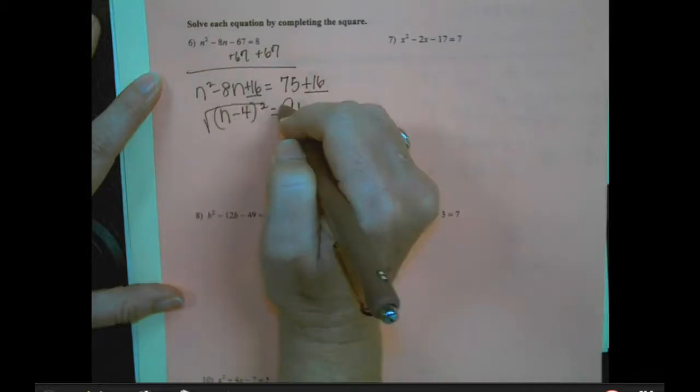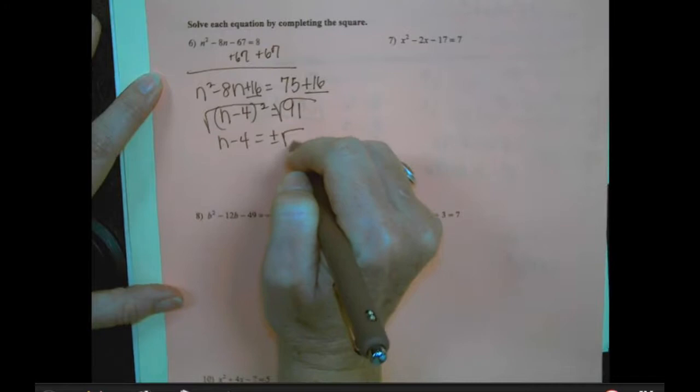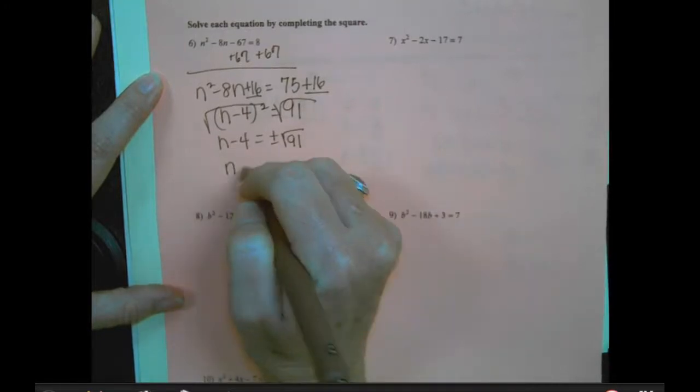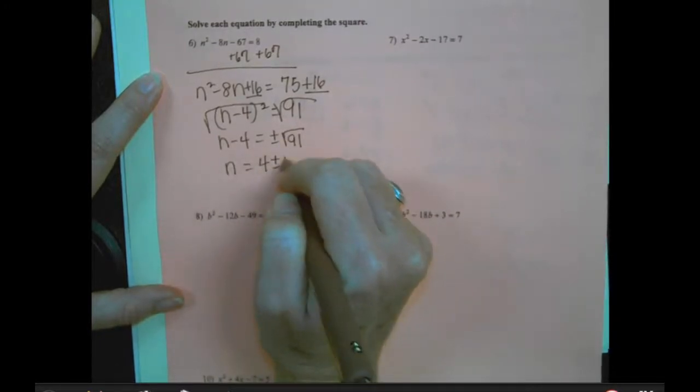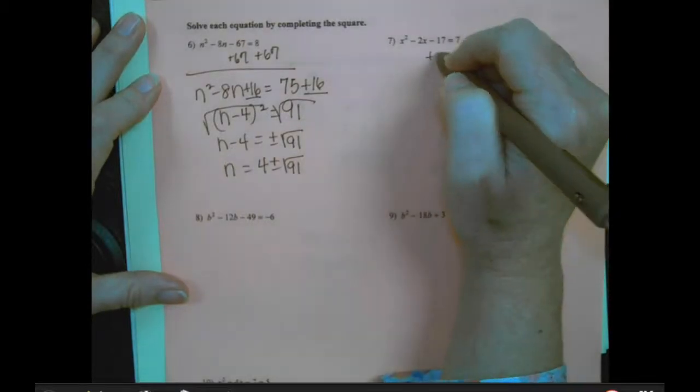So I have to square root it. It is easy. Yes. Okay, so number 7, add the 17.